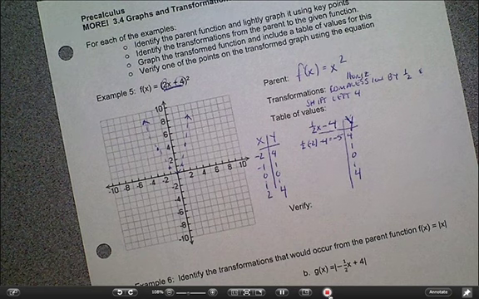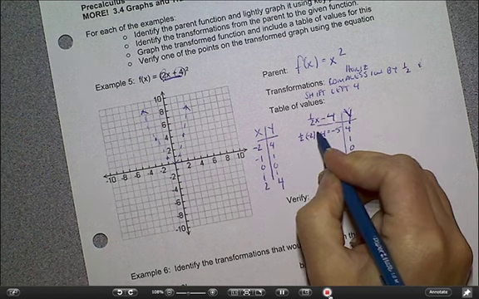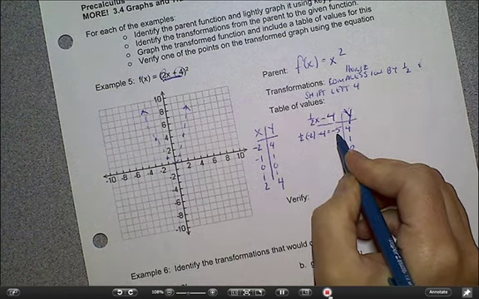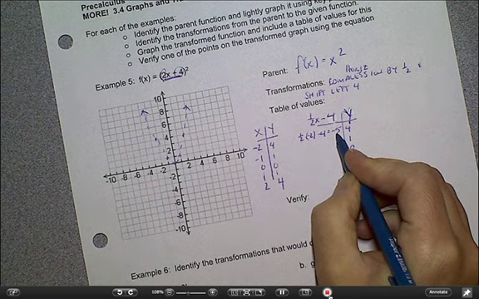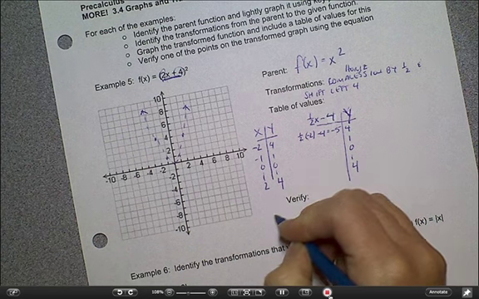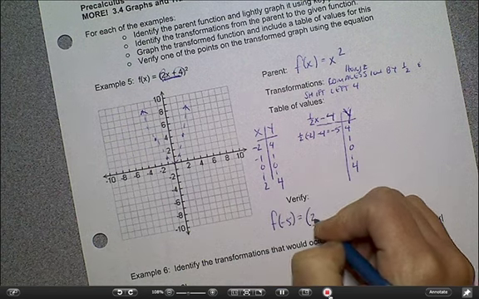Instead of keep going this way, I'm just going to verify that point right there. So again, based on the transformations that we think are happening, we think that an x value of -5 should have an output of 4. So I'll go into the function and plug in -5 and actually see if I get 4 out.